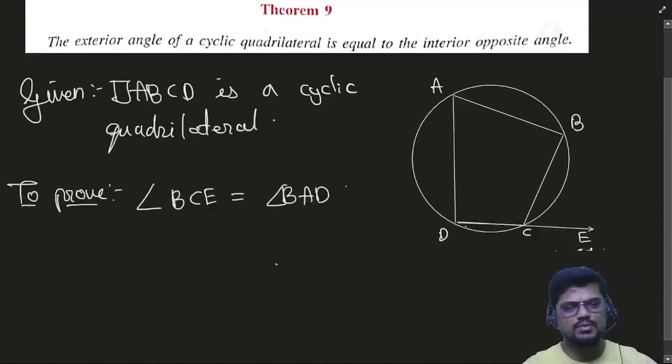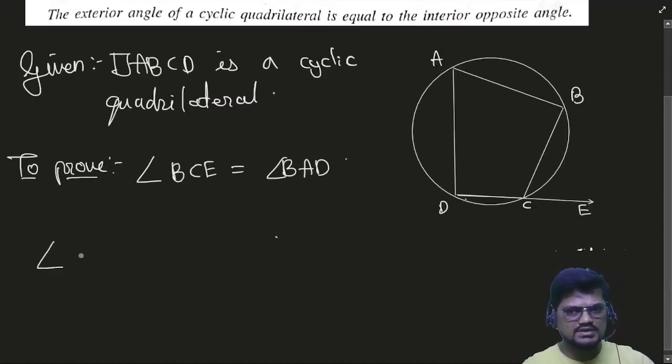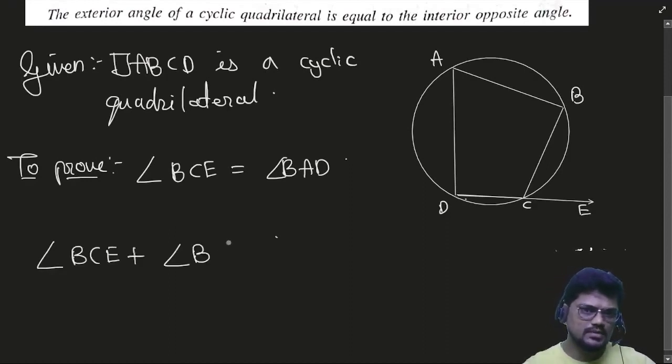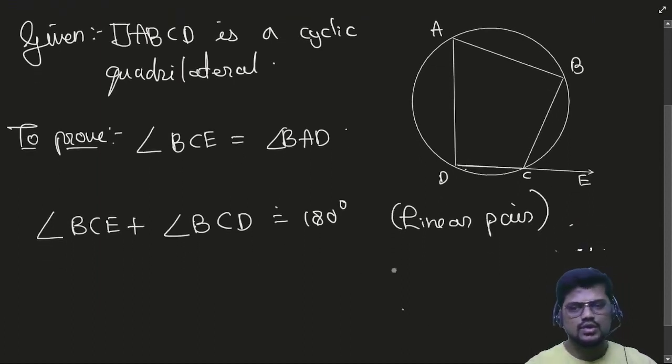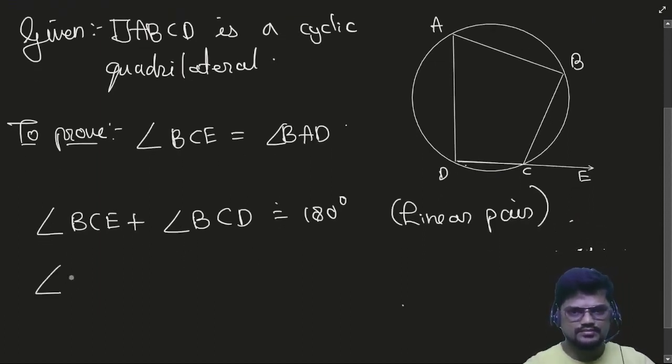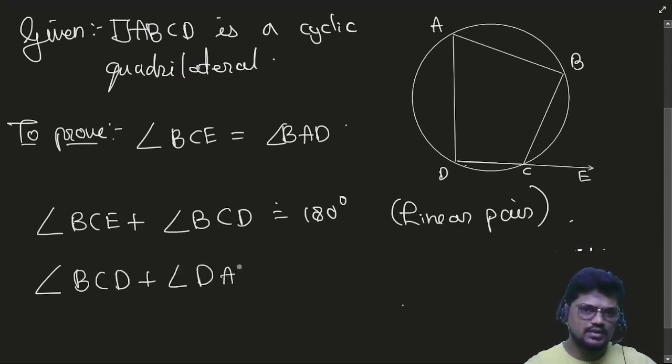Now, it's a very simple proof. We know that angle BCE plus angle BCD equals 180 degrees. What would be the reason? Linear pair. Also, angle BCD plus angle DAB equals 180 degrees.